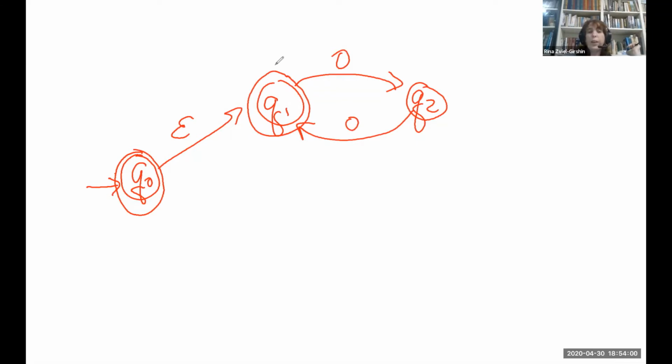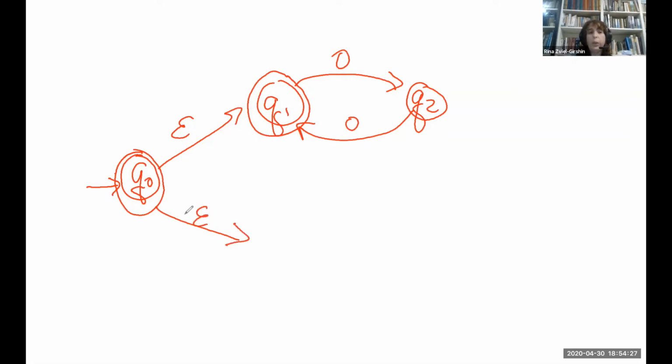Do you agree that the partial automaton Q1, Q2 accepts the even number of zeros? I don't want to define what I'm doing for ones. Why? Because I'm using a non-deterministic finite state machine, so I don't need to tell anyone what I should do for input 1. Okay, next transition.